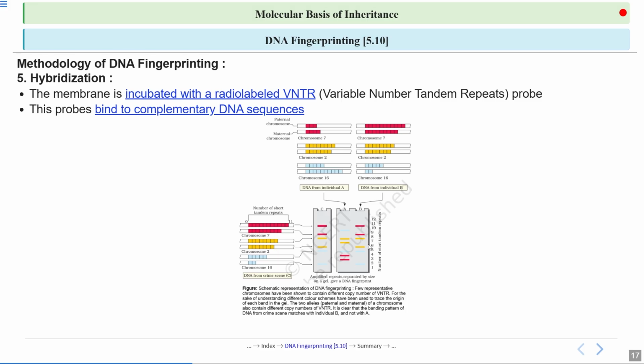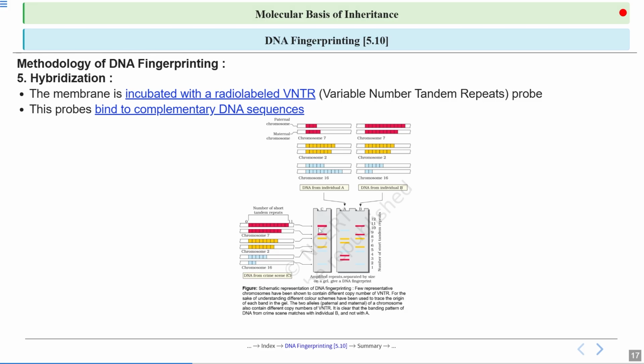It is very clear that the banding pattern of DNA from the crime scene matches with individual B and not A. So here you can see that this gel from the crime scene and this individual B have an equal number of short tandem repeats.